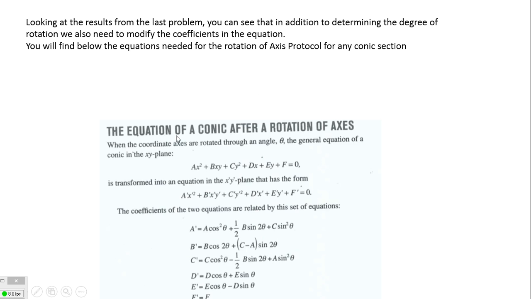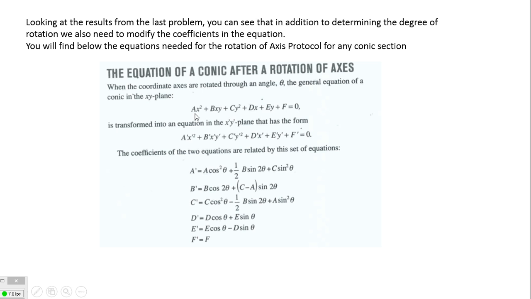So using that protocol is to imply that we have one equation in this form, ax squared, and so on and so forth, and we're looking for a new set of equations which is aligning our new conic with the coordinate axes.